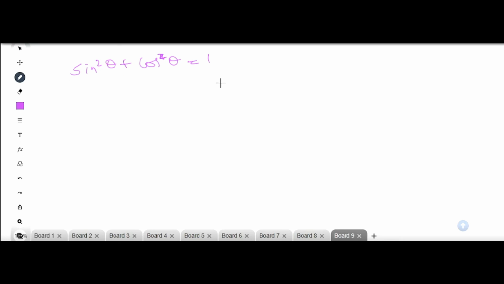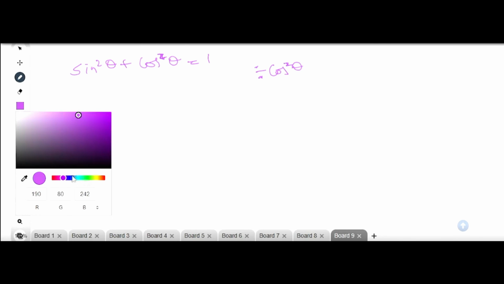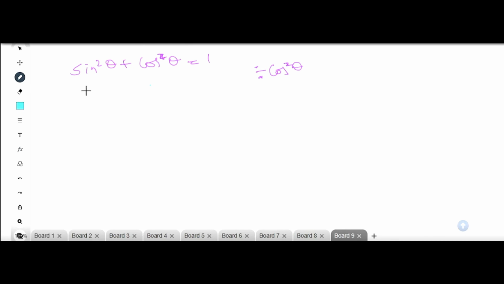Can you divide this equation by cos square theta on both sides? Just divide and tell me what happens. Sin square theta by cos square theta, plus cos square theta by cos square theta, which is 1, equals 1 by cos square theta, which is secant square theta.